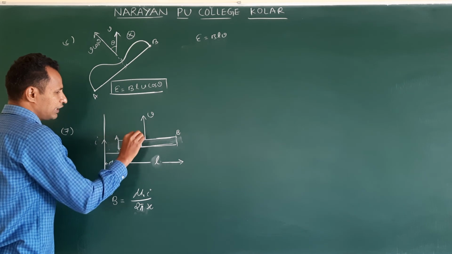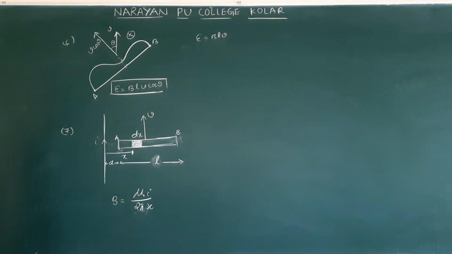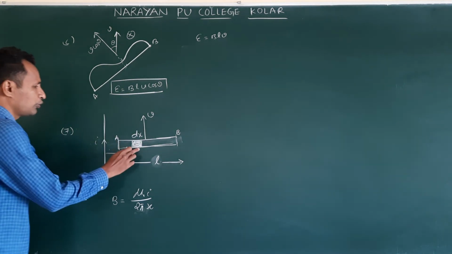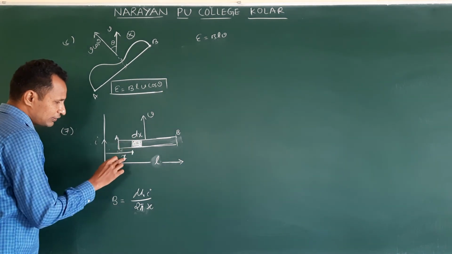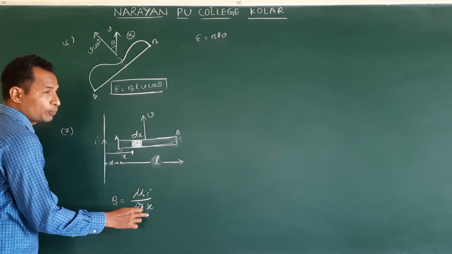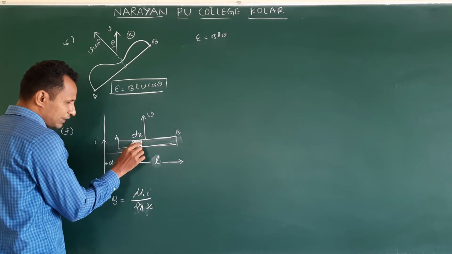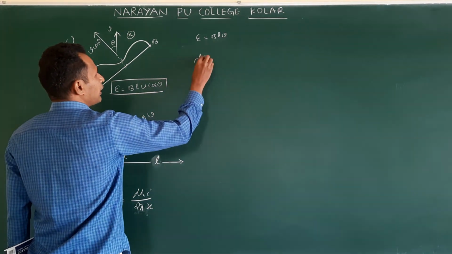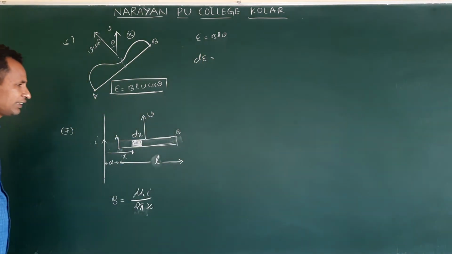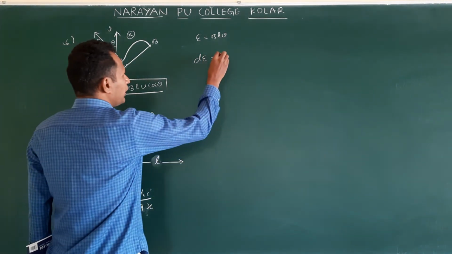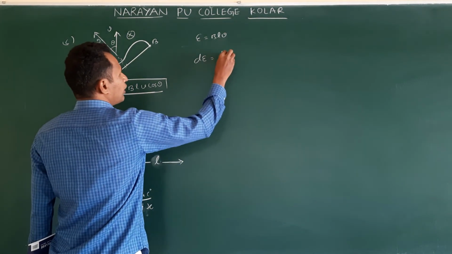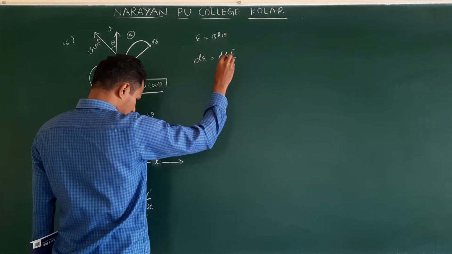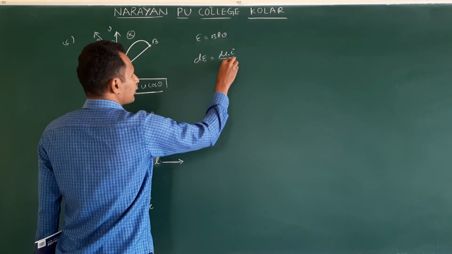This is dx. Okay. Now for dx, in the dx region, what is the field? Mu naught I by 2 pi x. So due to this small region, the induced EMF I am writing as dE. dE is equal to B. What is B? At a distance x, mu naught I by 2 pi x.